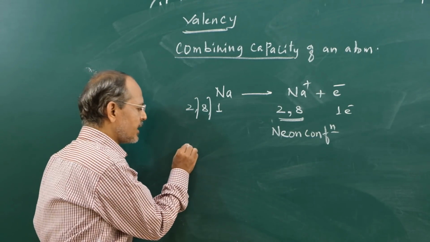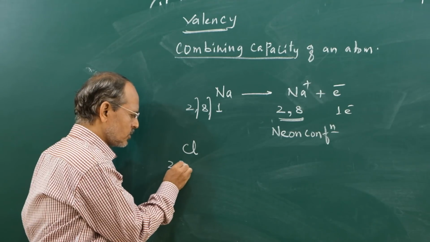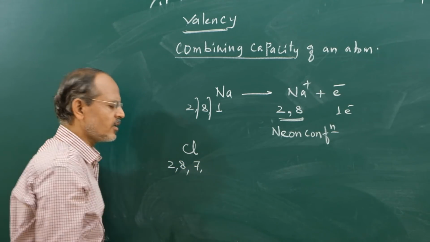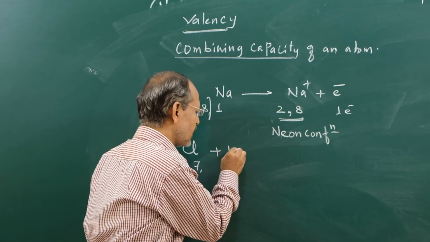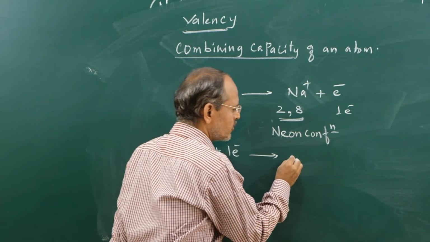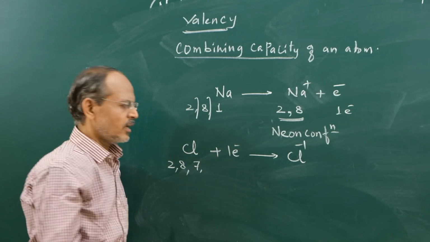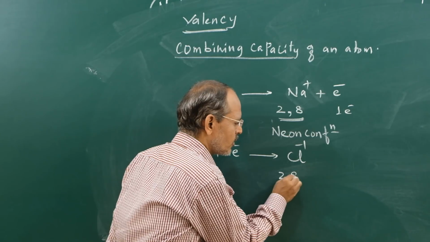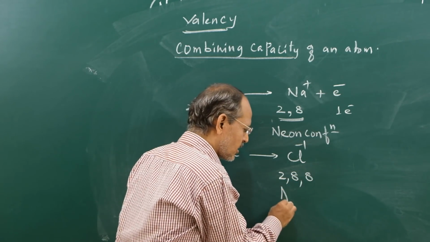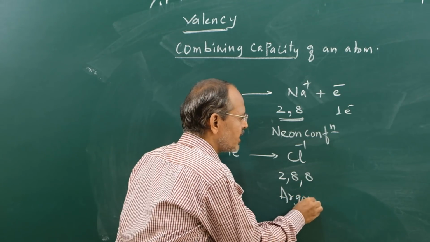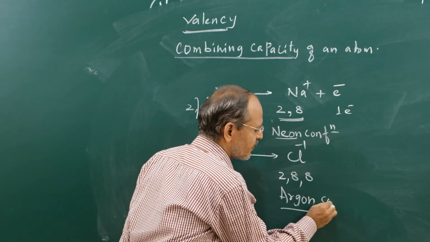Now like that, chlorine 2, 8, 7, plus one electron gives rise to Cl minus 1. Here I will write 2, 8, 8. That we call argon configuration, because neon and argon both are noble gases.